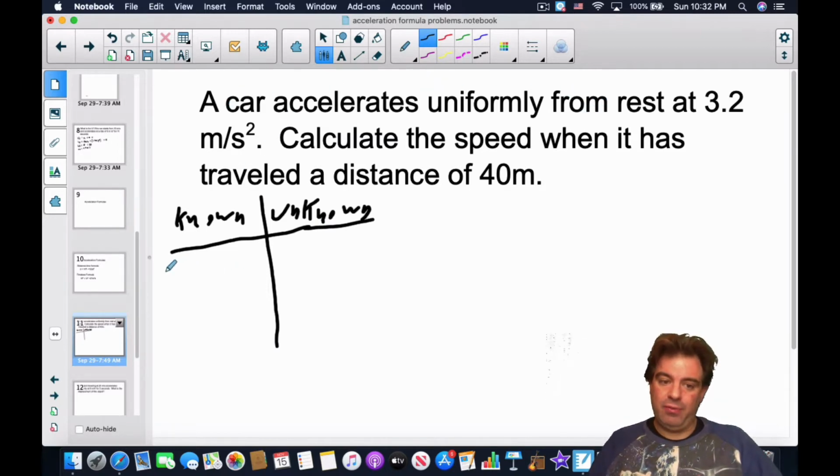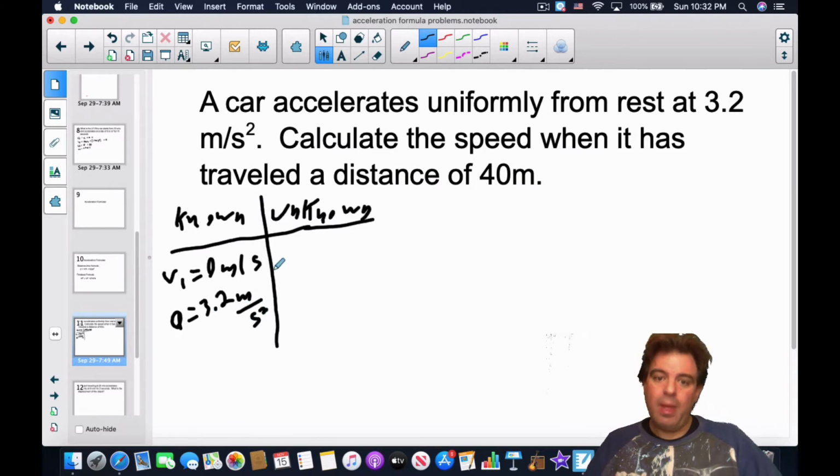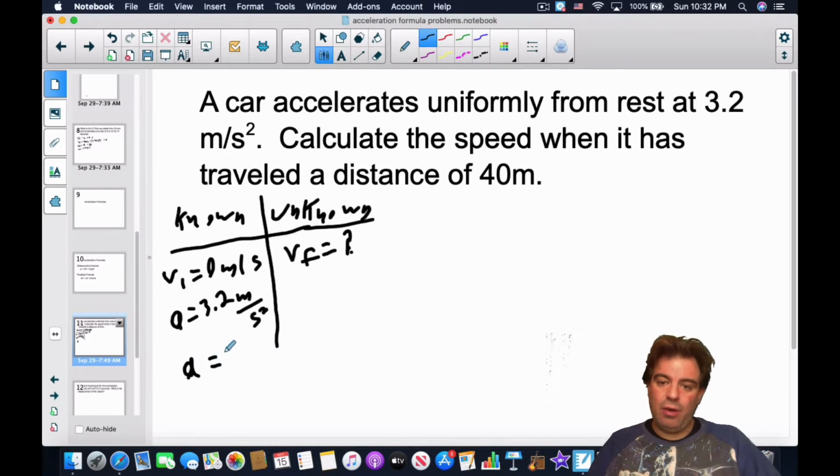What does that mean, from rest? It means that velocity initial is 0 meters per second, of course, at a rate of 3.2 meters per second squared. That, of course, is the acceleration. It says to calculate the speed, so we're being asked to find the final velocity when it has traveled a distance of 40 meters.